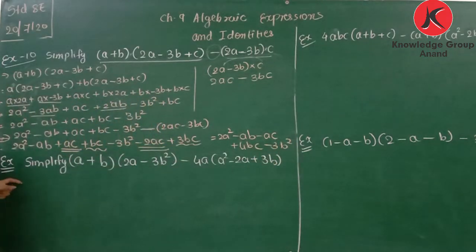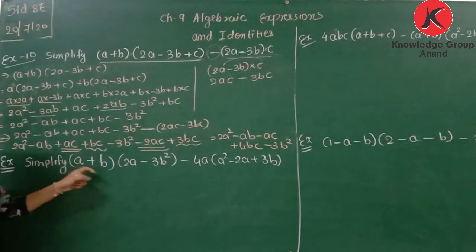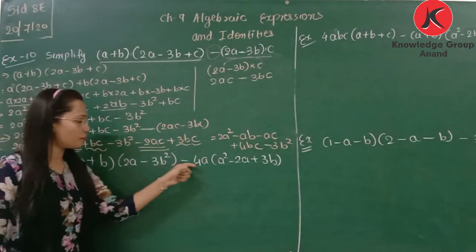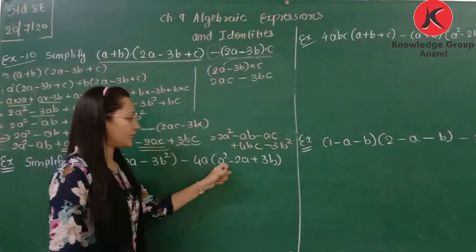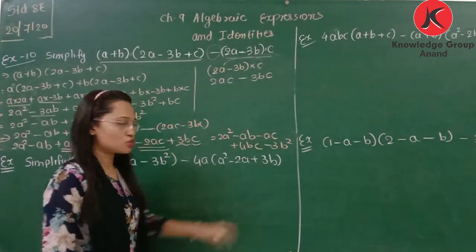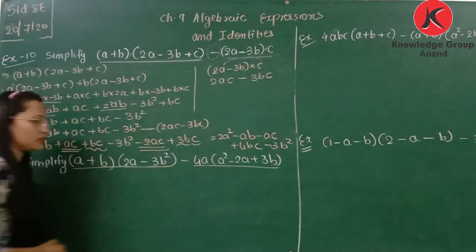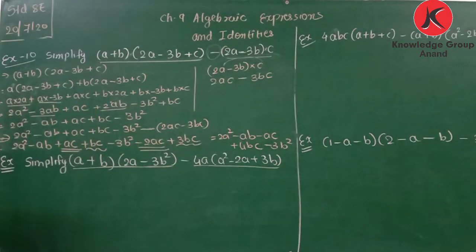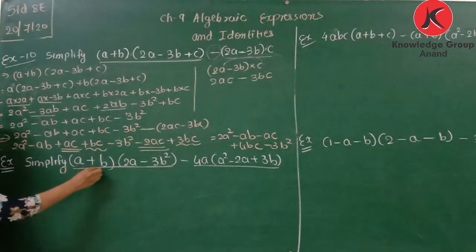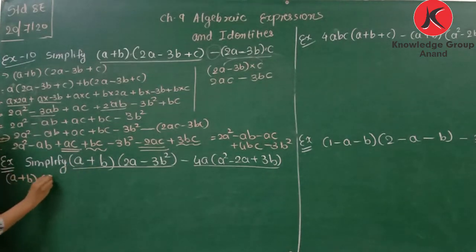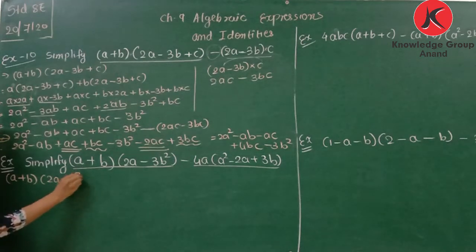Clear? Now next one. Simplify (a + b)(2a - 3b square) minus 4a(a square minus 2a plus 3b). So here these two are in multiplication and these two are in multiplication. So we will simplify both. So let's simplify this first. A plus b, 2a minus 3b square.